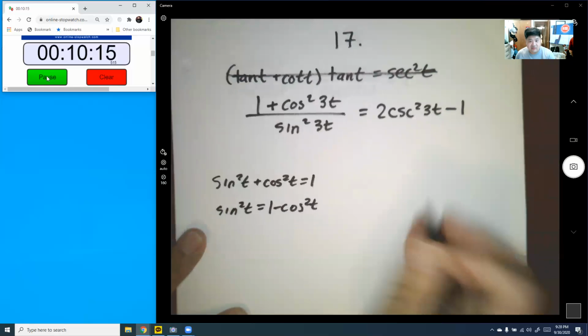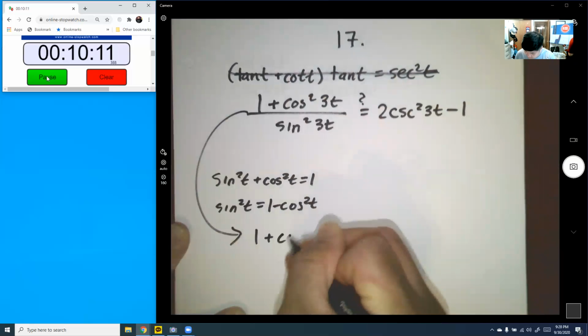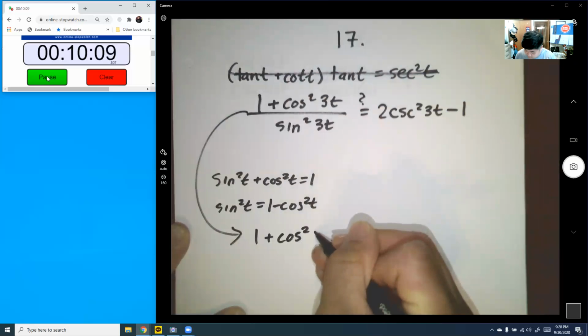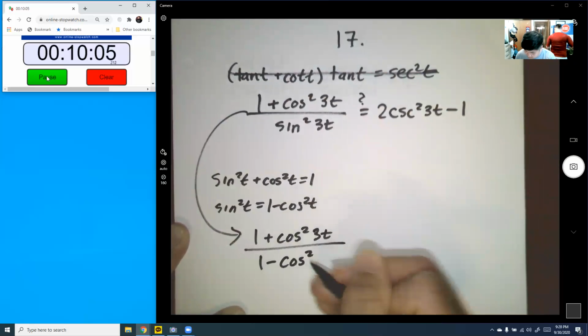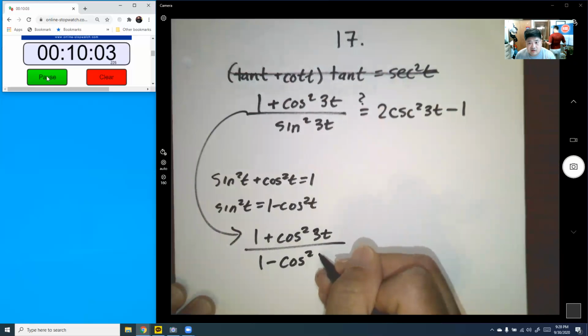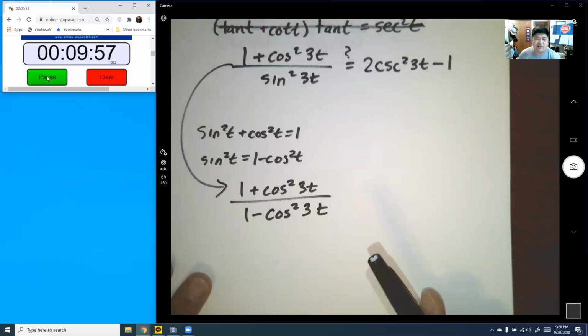So I'm going to rewrite this part. The numerator is still 1 plus cosine squared 3t, and the denominator will be 1 minus cosine squared of 3t. By the way, if I say anything strange, it might just be that it's the first way that I am thinking about this.